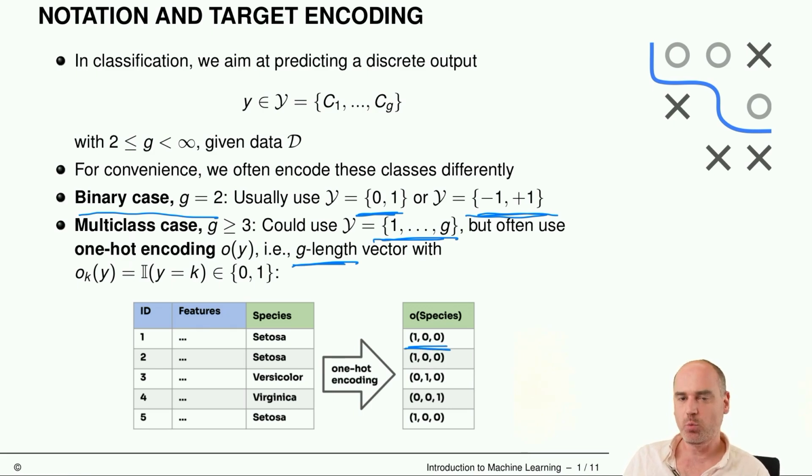They would all be 0 or 1, and there would be exactly one 1 in there, because every component of that vector is associated with exactly one class. So we'd have an ordering of the classes.